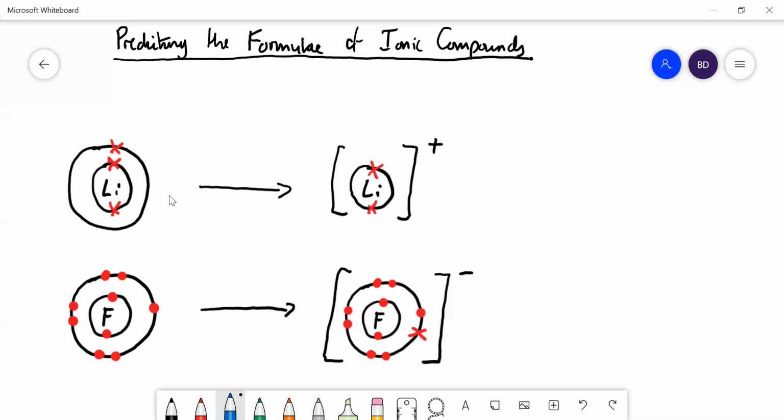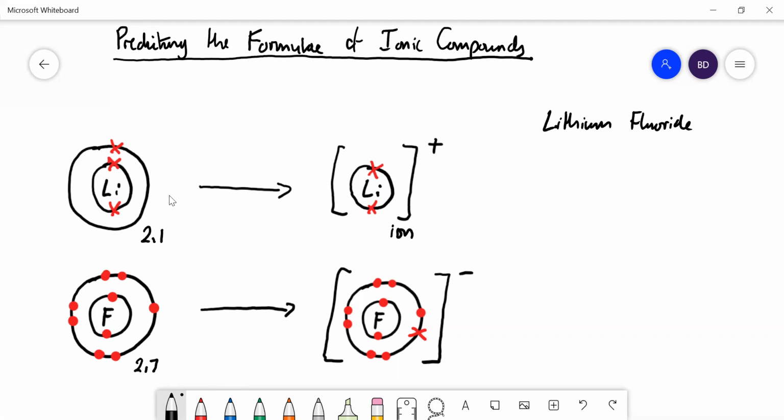So let's look at lithium fluoride. What is the formula of lithium fluoride going to be? So lithium, atomic number 3, has an electronic structure of 2, 1. It's going to want to lose one electron and form a lithium ion. And fluorine, atomic number 9, has an electronic structure of 2, 7.